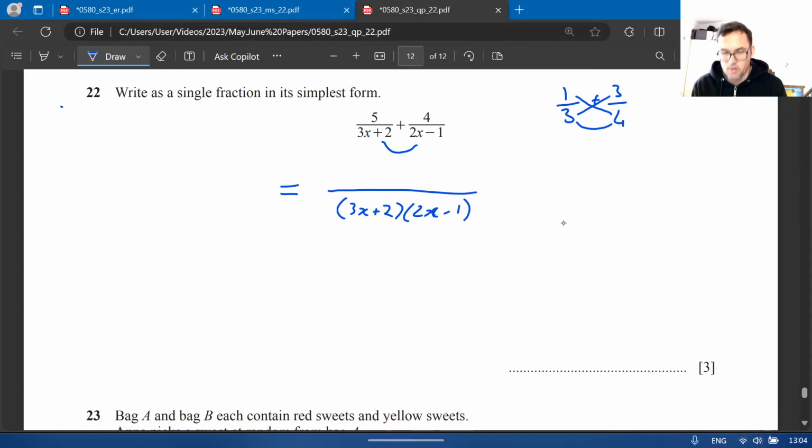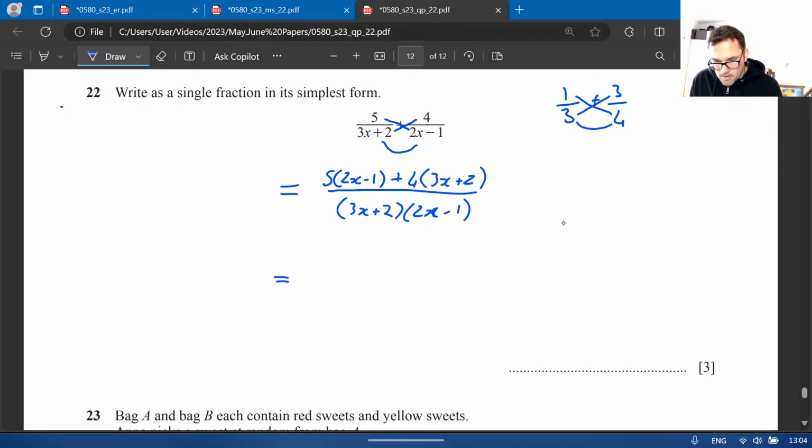Next would be to multiply the 2x minus 1 with a 5. So you get 5(2x minus 1). There's a plus, there's a 4, and we multiply the 3x plus 2. Bam. Now we simplify things.